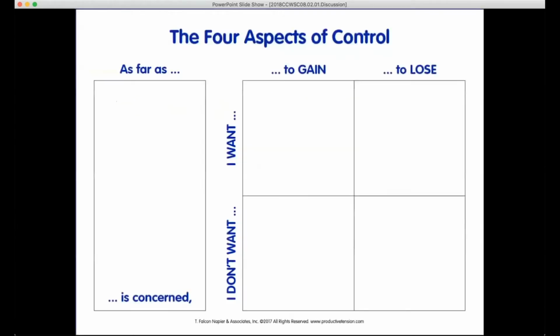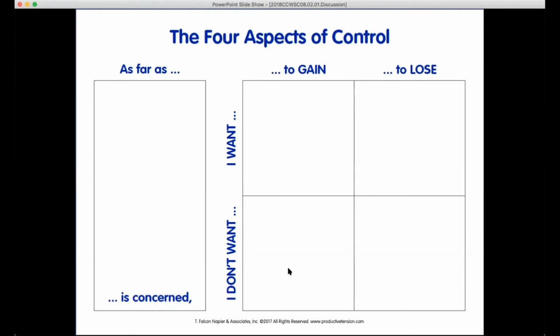Now, from that again, we might choose to dive deep for the desired situation. Is what we're reading here, the 4 aspect control. So as far as making a particular change is concerned, what do you hope to gain as a result of making that change? What do you hope to lose as a result of making that change?